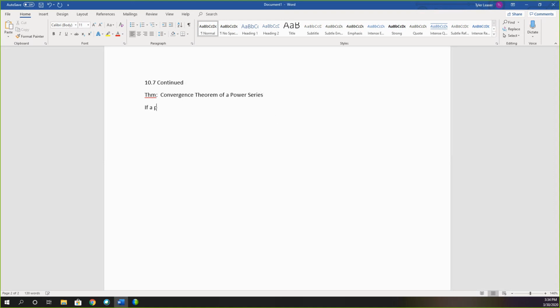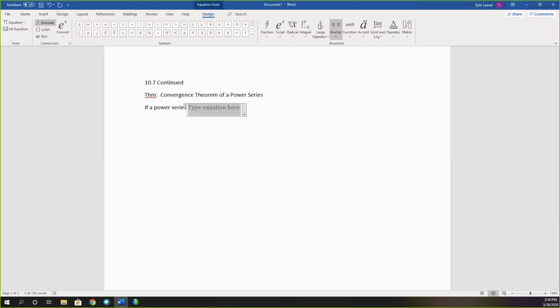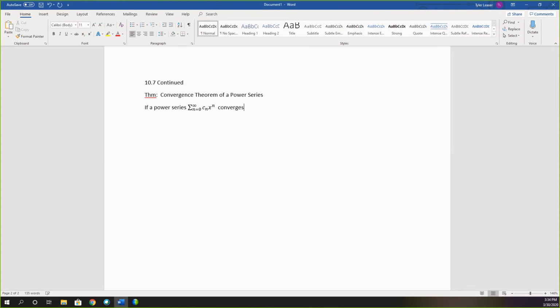And what it says is, if a power series, and when we're talking about a power series, just to write it out, this is going to be our sum n going from 0 to infinity. Remember, we're going to have those constants out in front, and then our x to the n. If a power series converges at x equal to c, so this is not the same coefficients as being out in front here.